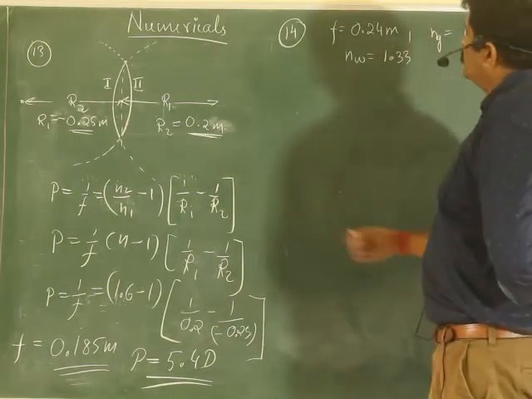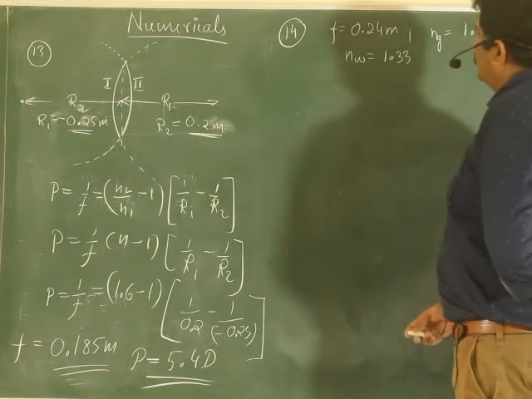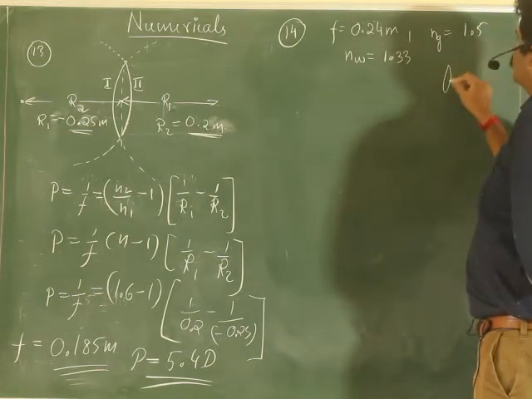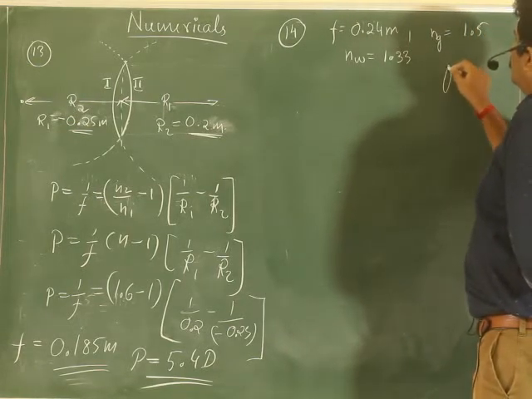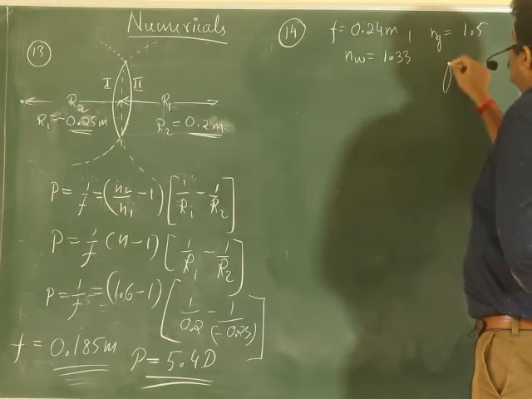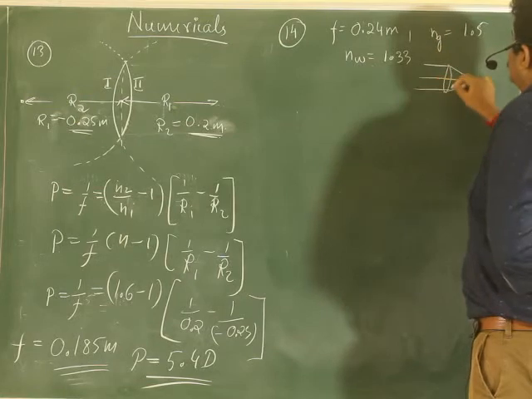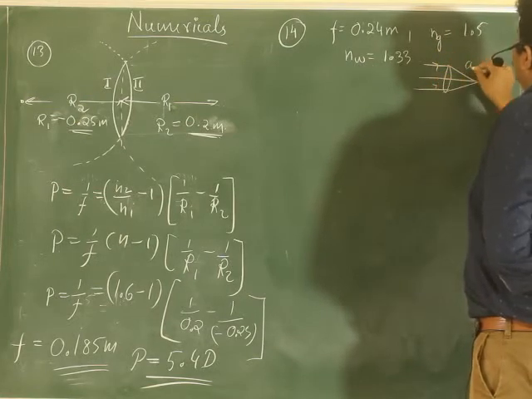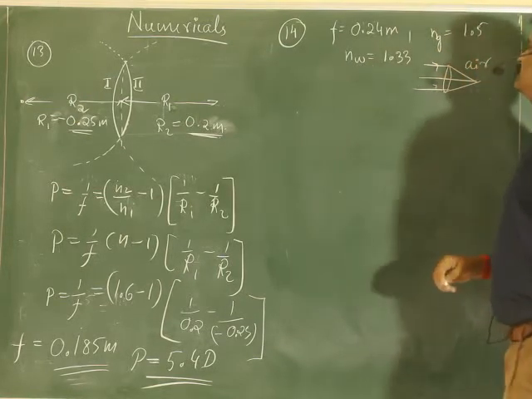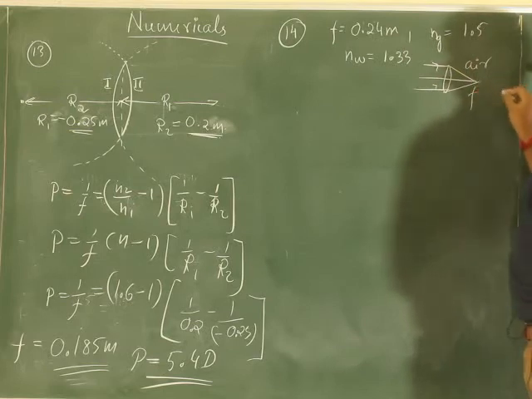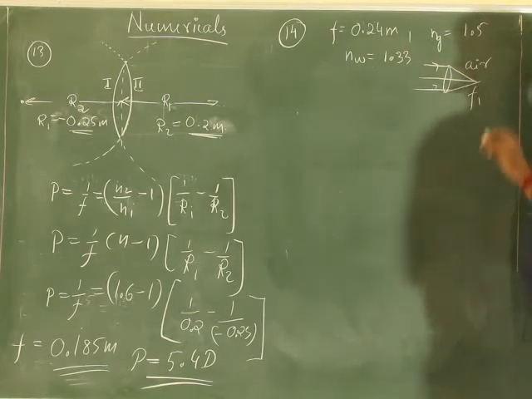So change in focal length means initially the lens was in air. Its focal length in air, I will take as FA.